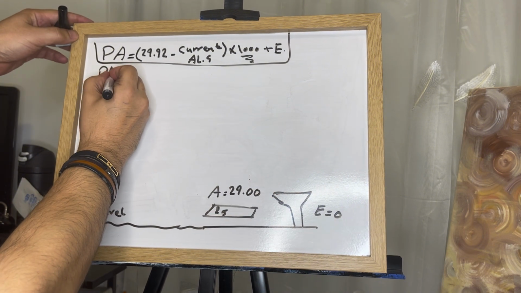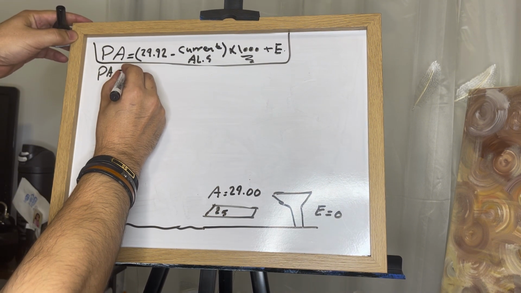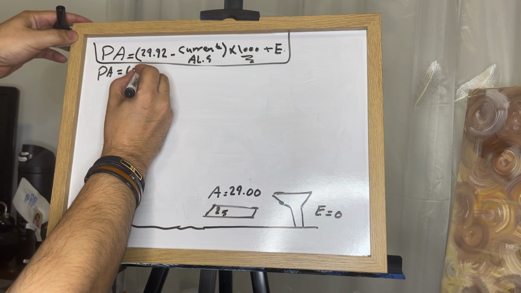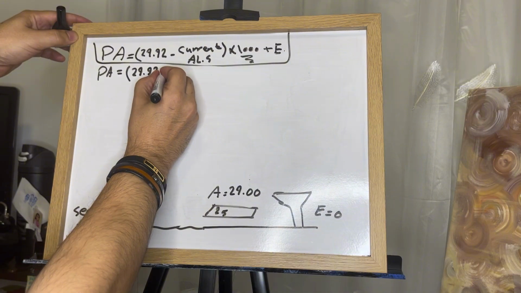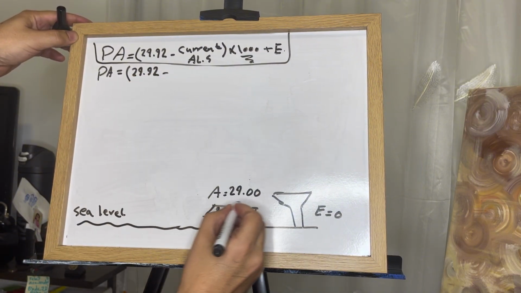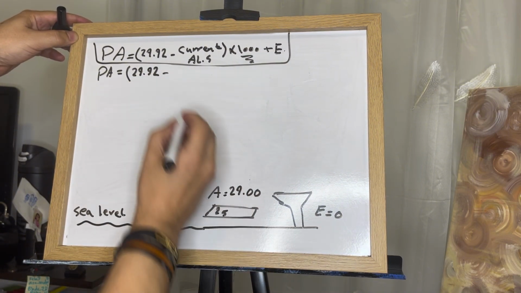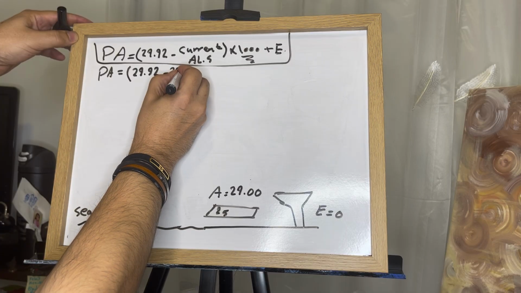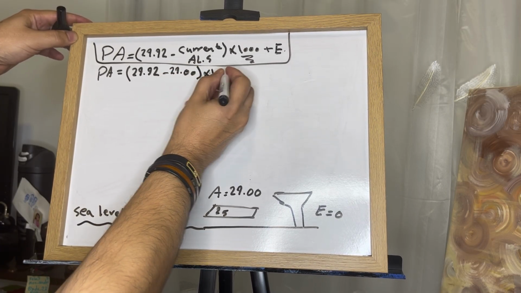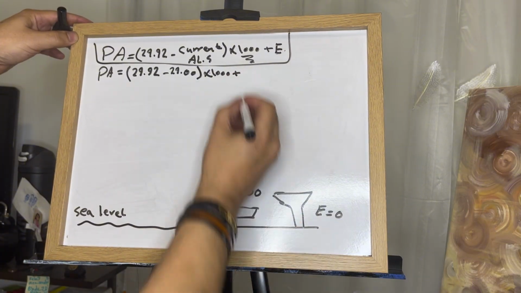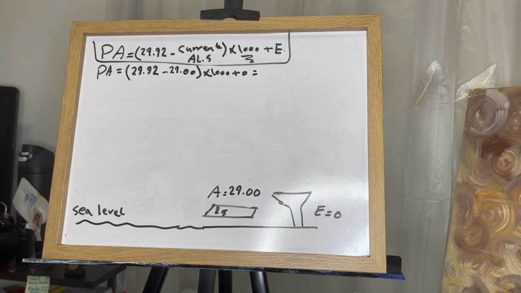Regarding this formula, standard atmospheric pressure minus local pressure or altimeter setting, 29.00, multiplied by 1000 plus elevation, which equals 0.